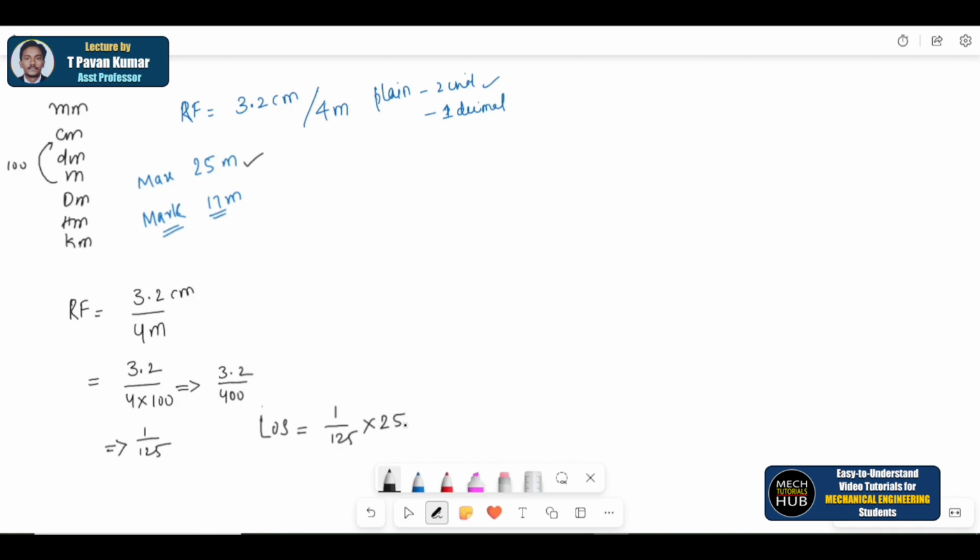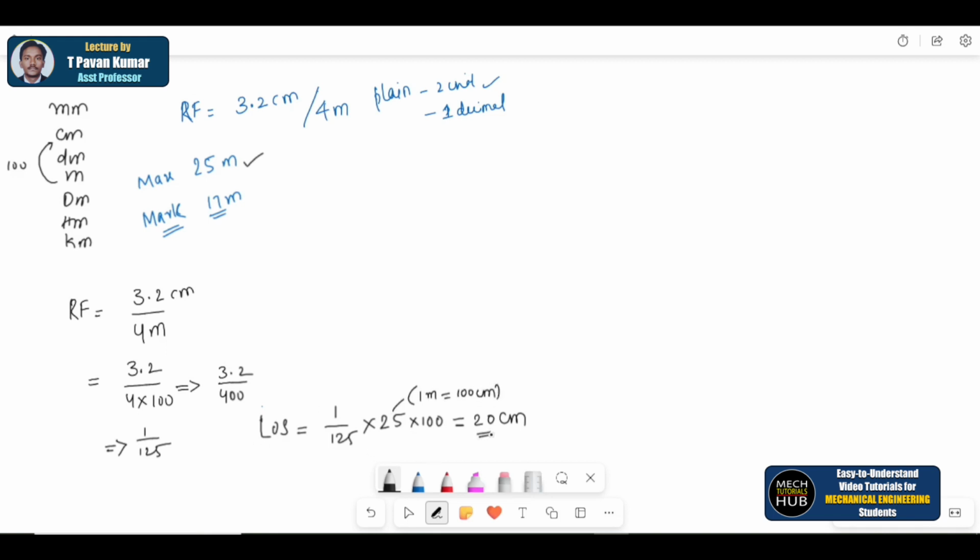So I want to convert this 25 to centimeters, that is multiplied by 100. Finally you are going to get 20 centimeters. Length of the scale is 20 centimeters, where 1 meter is equal to 100 centimeters. All right, this is how.